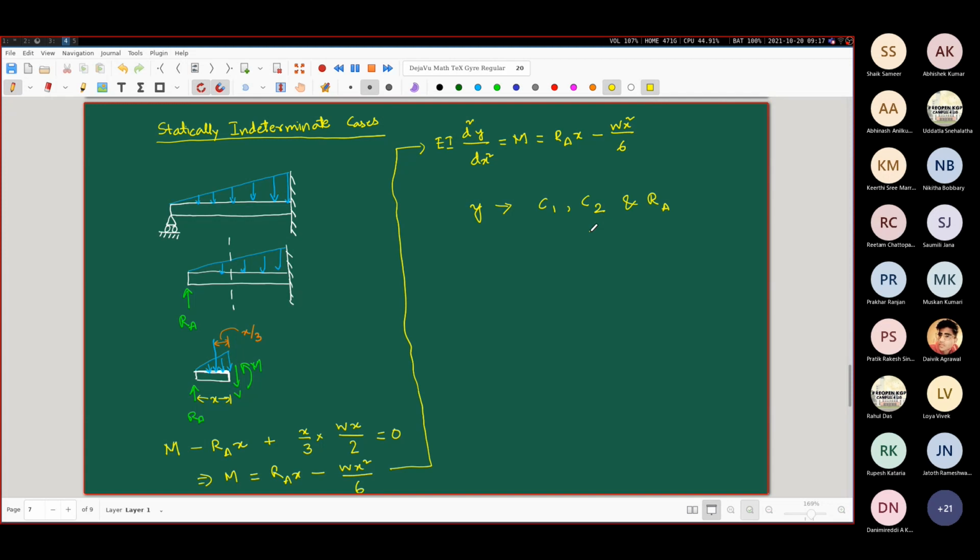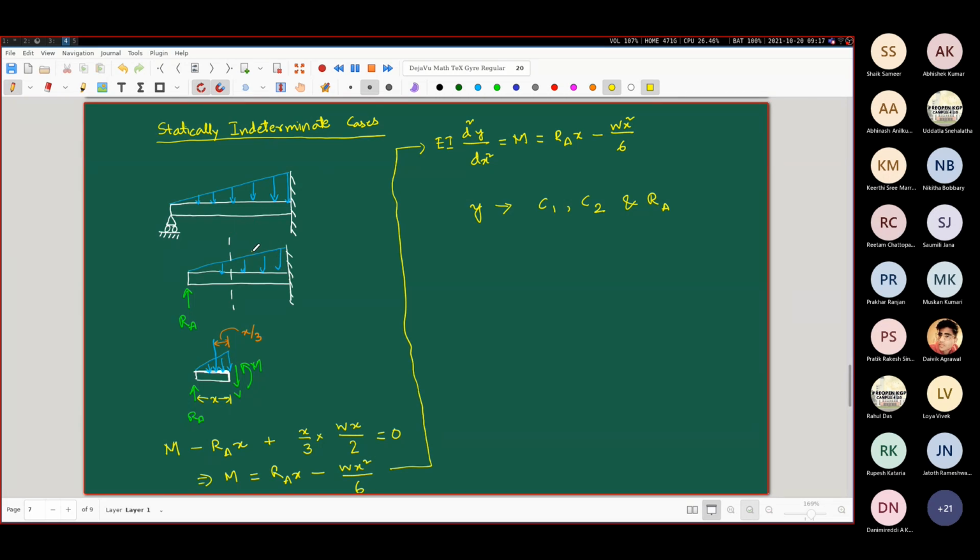Very good. Unlike the statically determinate case where you just had two unknown constants of integration, we certainly have that here also, but in addition we also have the unknown Ra, and we can trace this unknown Ra to the fact that we are actually solving a statically indeterminate case.